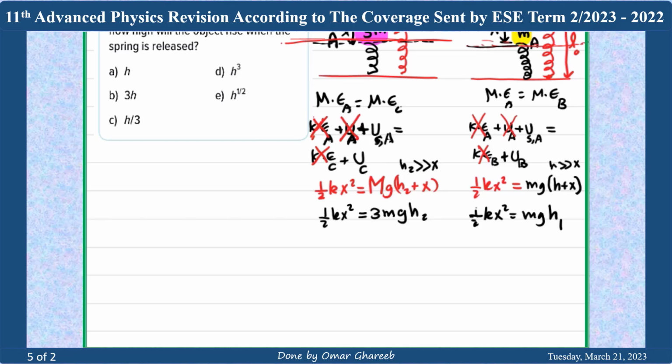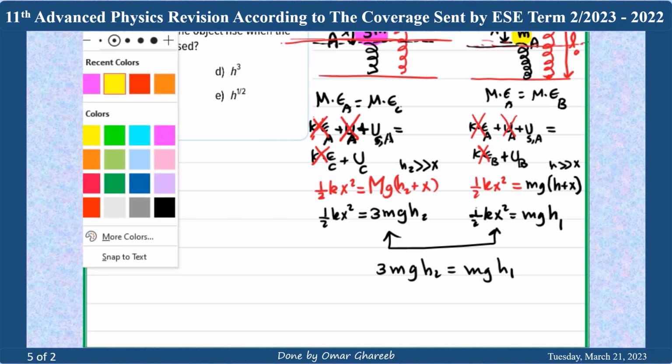Now, comparing these two equations, the two left sides are equal, so we are left with 3mgh2 equals mgh1. Why?